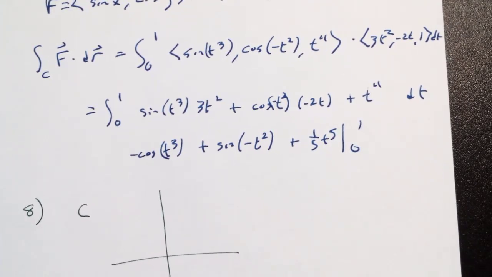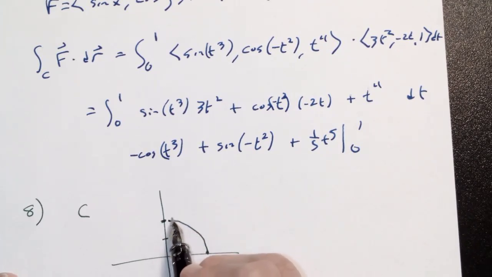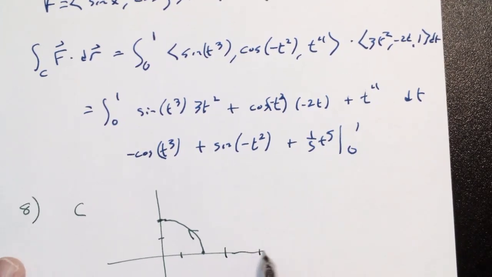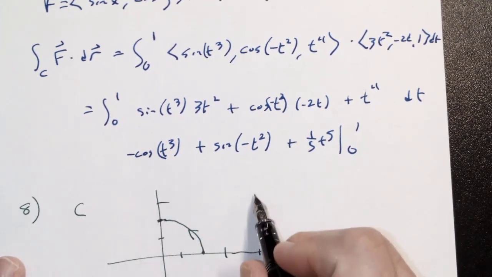The arc of the circle x squared plus y squared from (2, 0) to (0, 2), and then from (0, 2) to (4, 3).